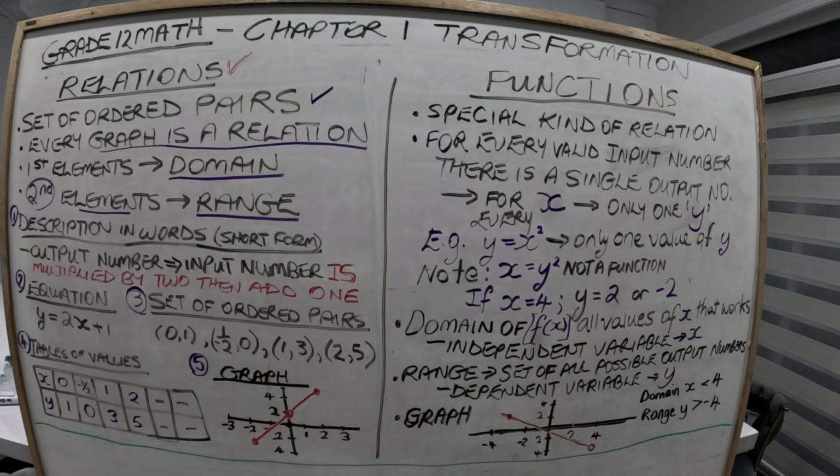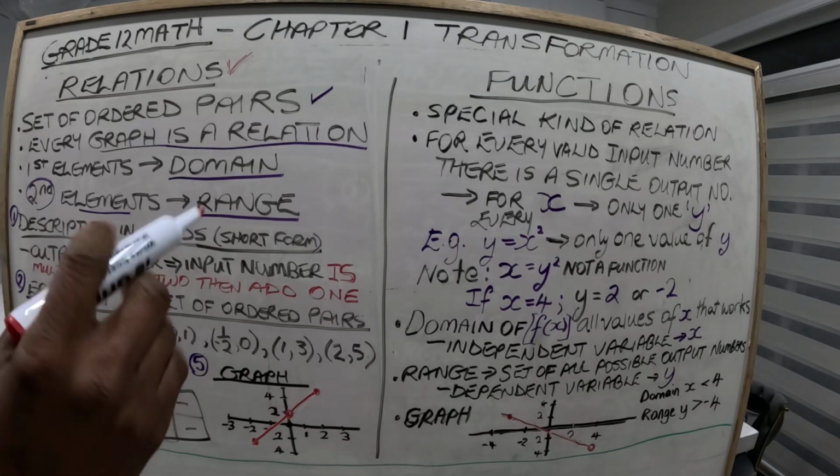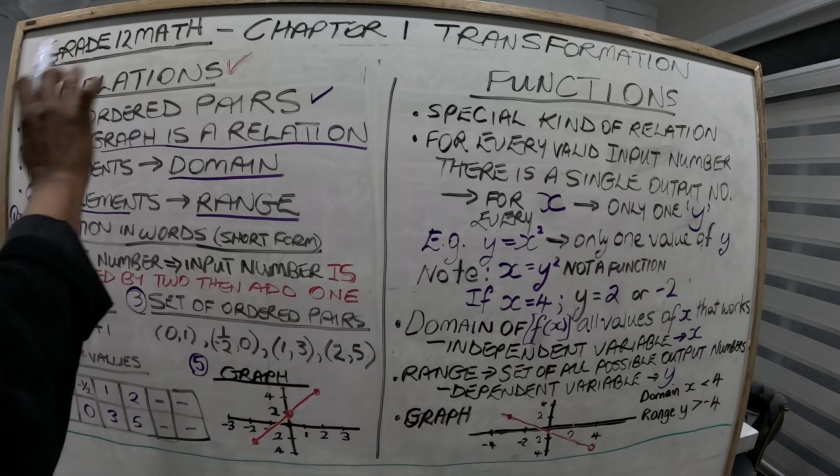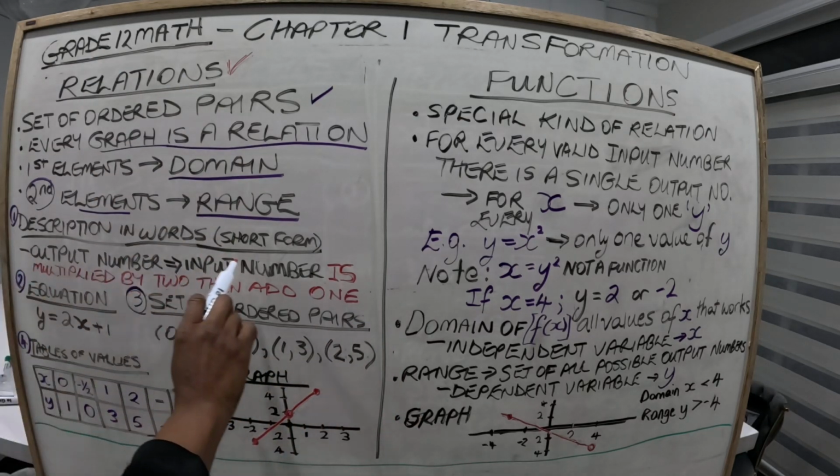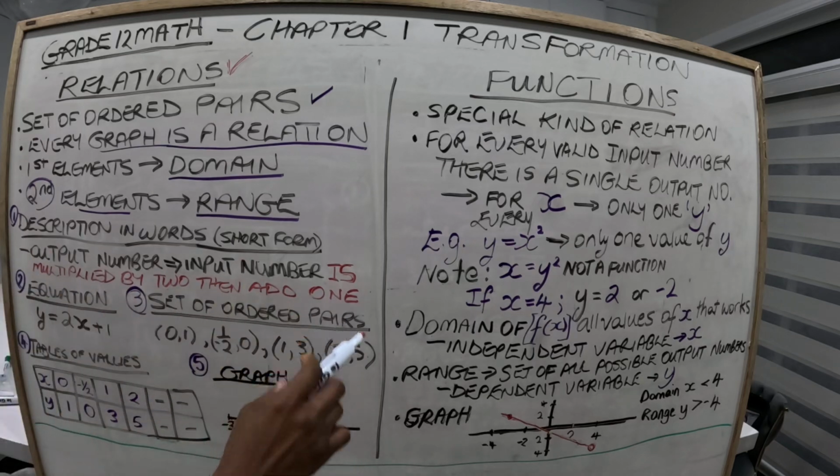So this is how you're going to see that in a sentence. In a relation, you can actually see it in words like this. So that would be the first way to express relations.